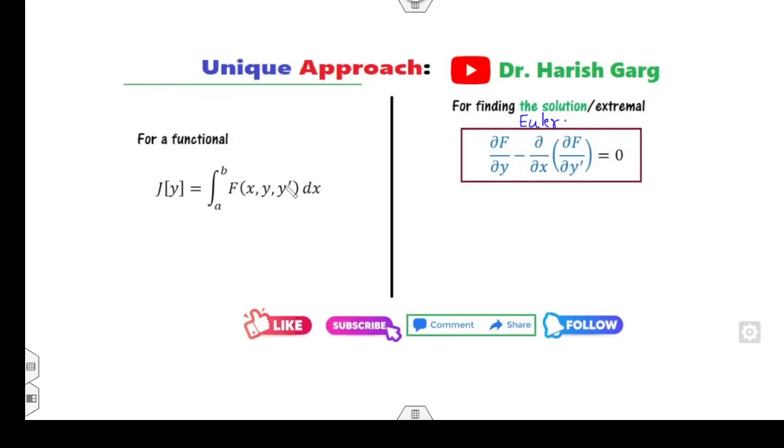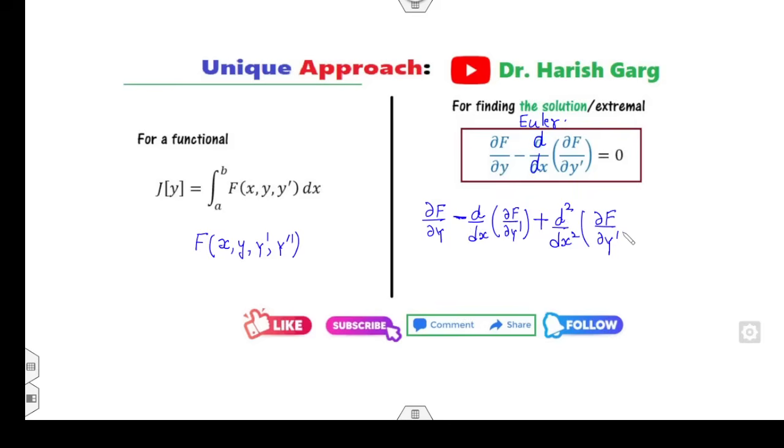But whenever the functional involves more than the single derivative y dash, and also involves y double dash, then this equation becomes, you can use either partial derivatives or full derivatives, there is no problem: partial derivative of f with respect to y, minus d over dx of the partial derivative of f with respect to y dash, then positive second derivative d squared over dx squared with respect to y double dash, and if it is y triple dash then it's negative d cubed over dx cubed of the partial derivative of f with respect to the triple derivative, and so on, equal to 0.